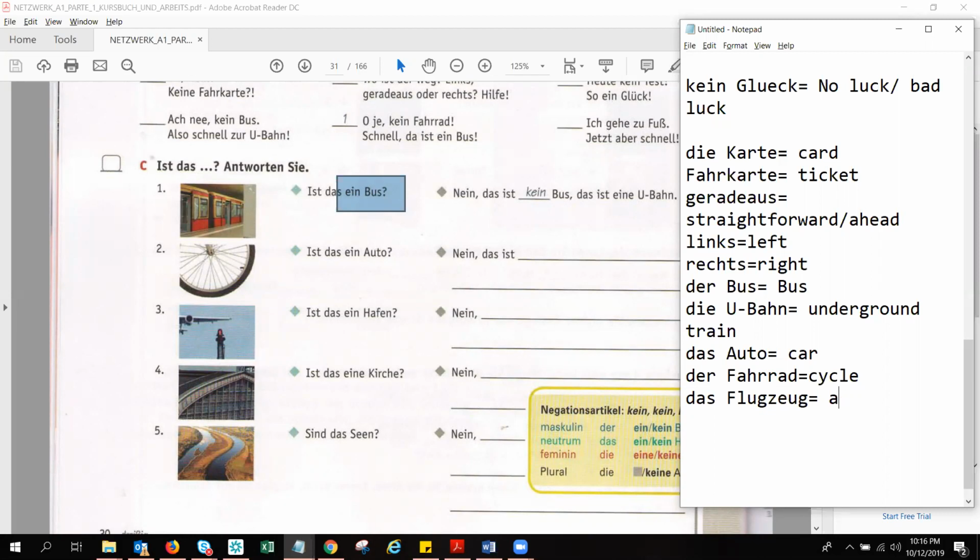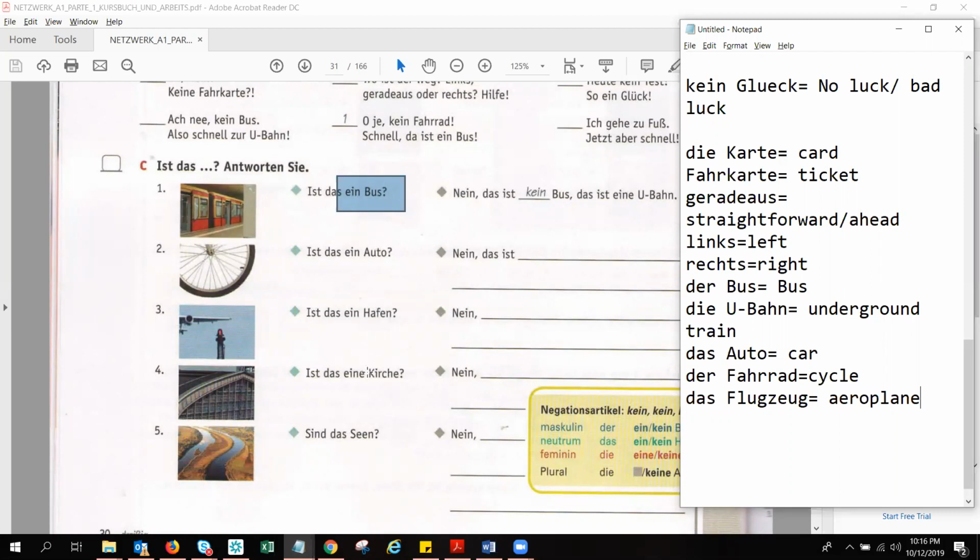Das ist ein Flugzeug. Okay, so das ist kein Hafen, because the article of Hafen is also der. So kein Hafen, das ist ein Flugzeug.